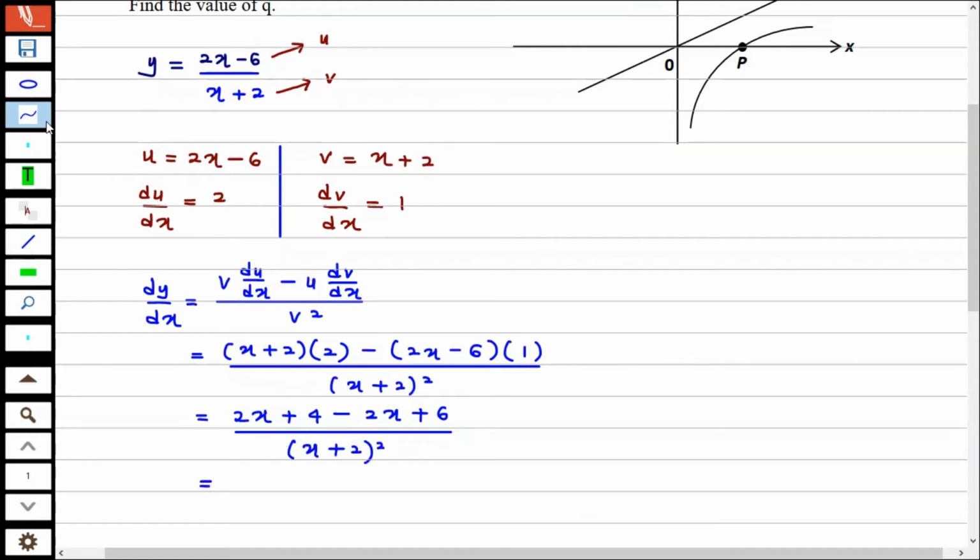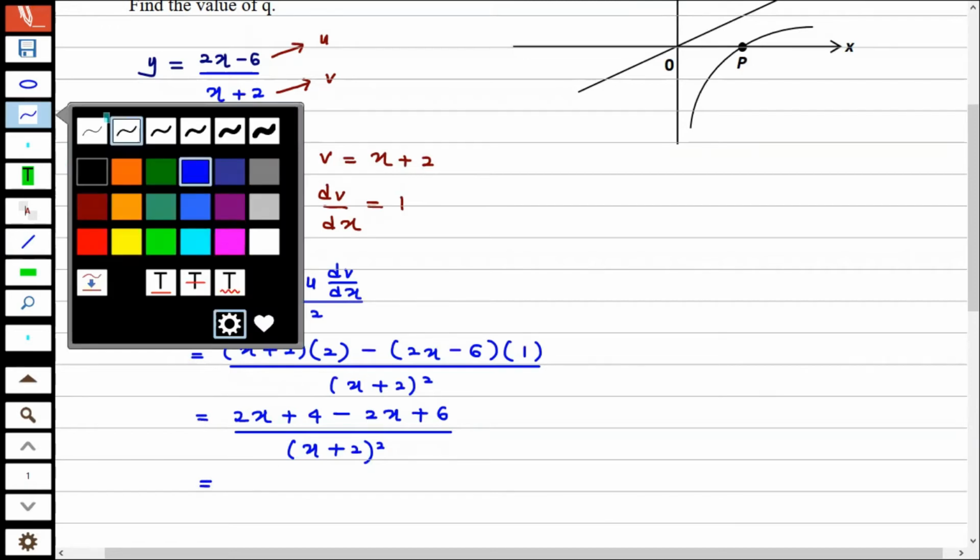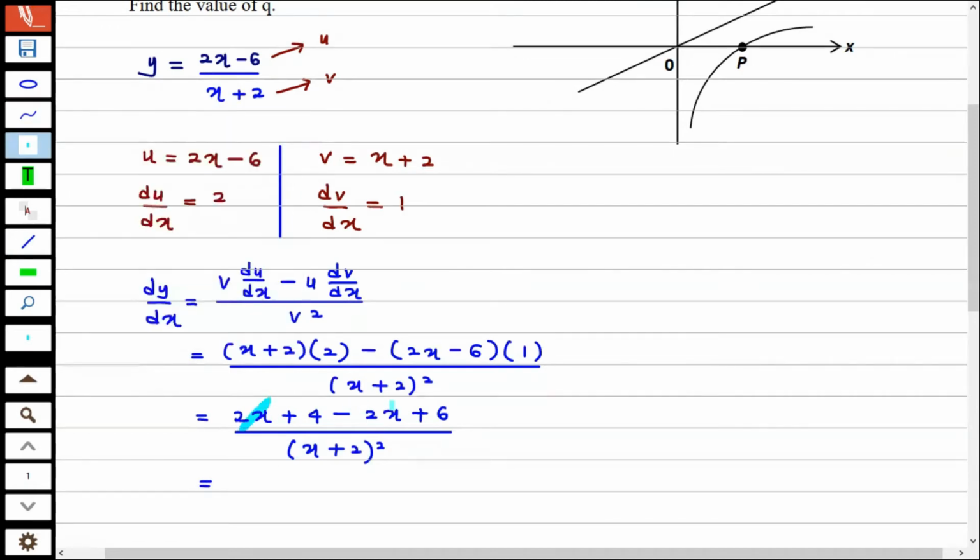Okay, so guys, hope that you can understand this. The 2x can cancel with the 2x over here, because 2x minus 2x is 0. So 6 plus 4 is going to be 10. So this is your answer, class, the differentiation. Okay, so this is your dy/dx.